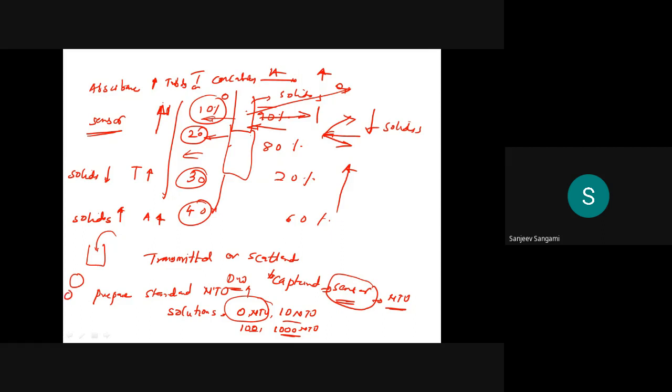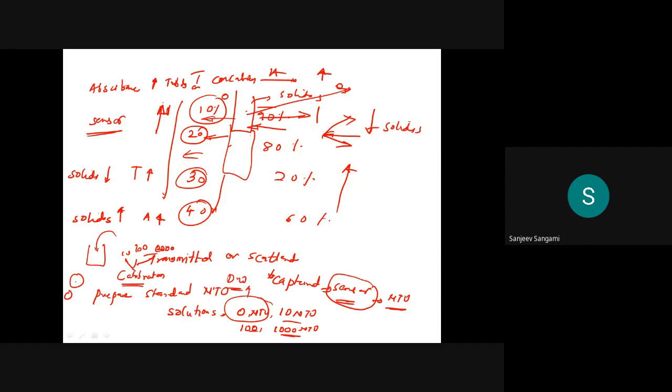Two knobs will be there: one is zero and the other is calibration. Whenever you put the 0 NTU solution, we'll set this knob to 0 NTU. Then the calibration knob has different settings: 10, 100, 1000.